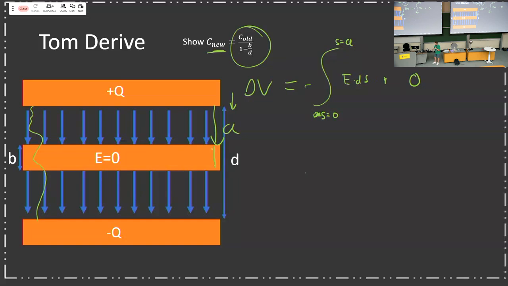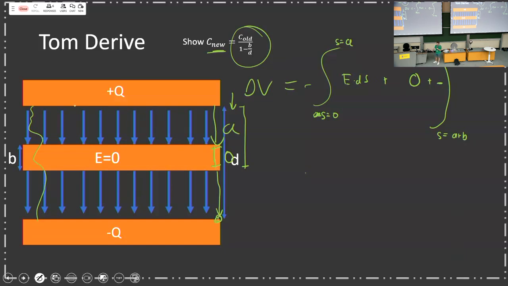The second stage here is 0. And then the third stage is the negative of the integral from s equals a plus b to s equals d, this distance here.